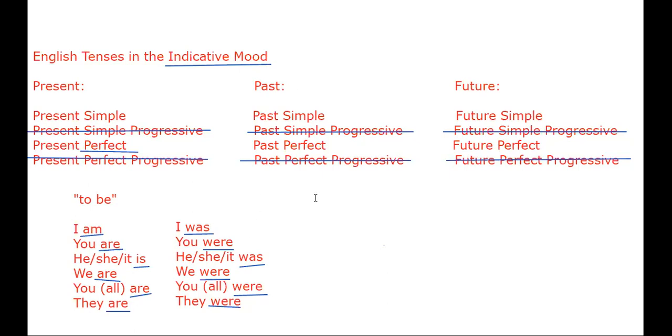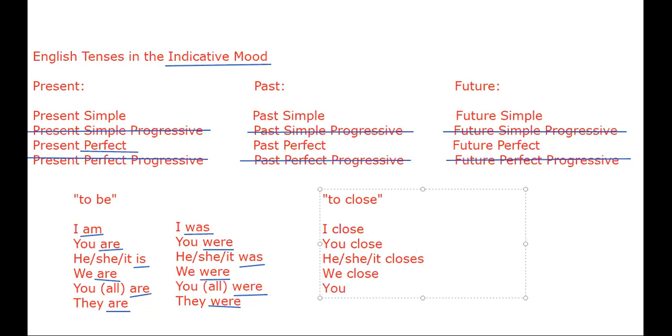But for a completely regular verb, like to close, it would be I close, you close, he, she, it closes, we close, you all close, they close.